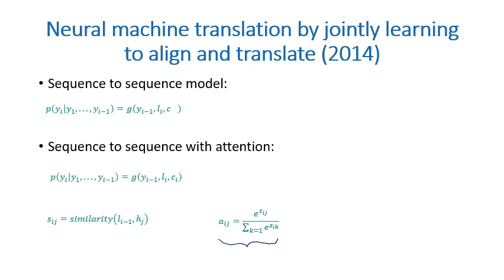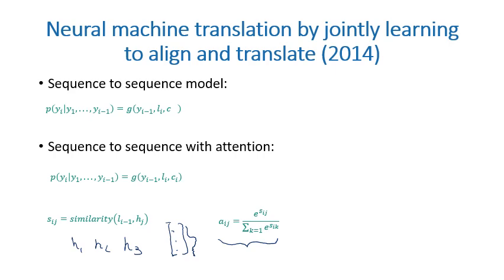You know, I had H1, H2, and H3, and at a certain position, I computed the similarity of Li minus 1 with these three. So I have a vector of three values, and on these values I compute a softmax. This softmax gives me some sort of distribution, telling me this weight is more important than these two.